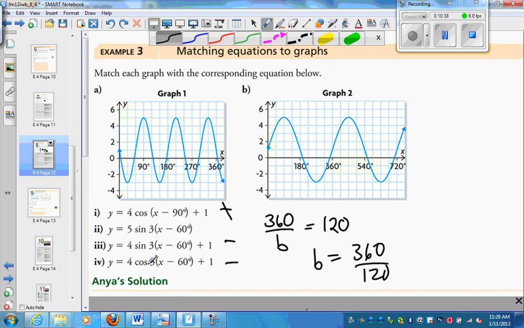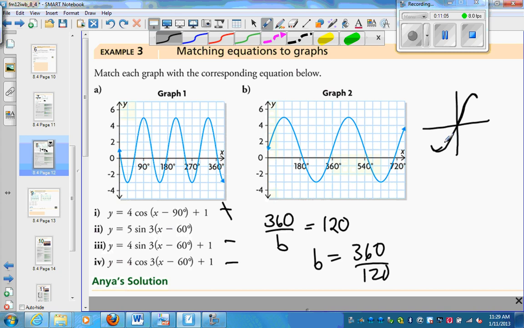So 4 sine of 3x minus 60 plus 1 and 4 cos of 3x minus 60 plus 1. Which one of these are we talking about? A sine graph, we know, starts at 0.